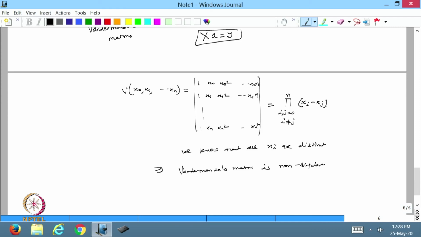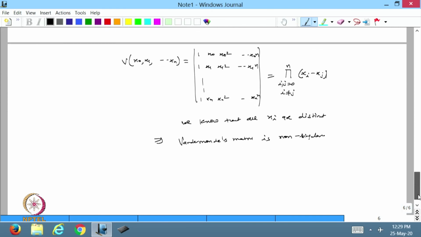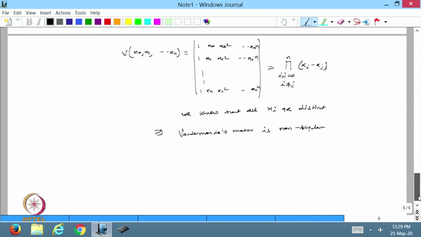But if the values of xi and xj are very close to each other, then this matrix is nearly singular, and in that case the condition number will be very high. This method is good whenever the values of xi and xj are not close to each other, they are distinct and the difference is quite good.